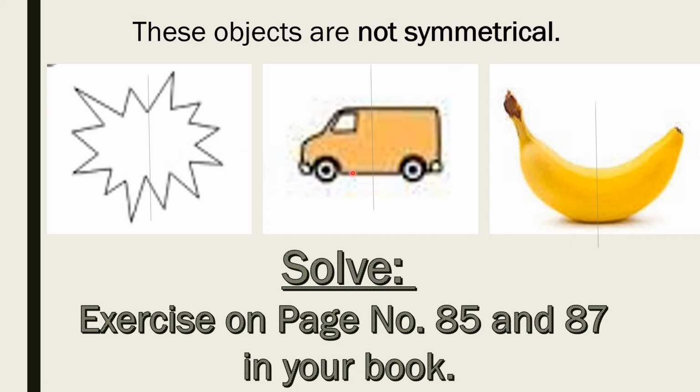Look at this. This is a car. If I make a line in between, is the left side same as the right side? No. This means I cannot divide this car, this shape, into two equal halves. This means this shape is not symmetrical. This object is not symmetrical.